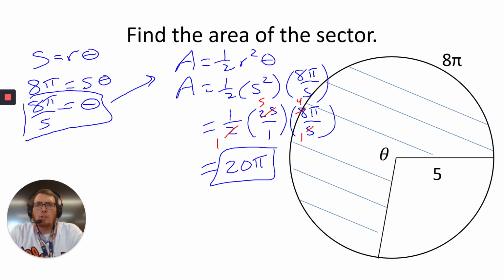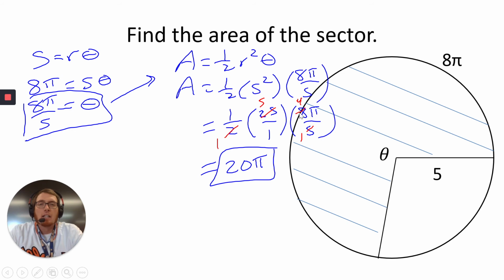This is a two-part question. They're giving you the arc length and they're saying find the area. So you have to use the S equals R theta formula. 8 pi equals R theta, which is 5 theta, divided by 5. You probably want to leave things in terms of pi in these questions if they have pi originally, as I mentioned before. So 8 pi over 5 is theta. You plug that in here, and a lot of times really nice stuff will start happening, and a lot of things cancel. 5 squared is 25 divided by 5.